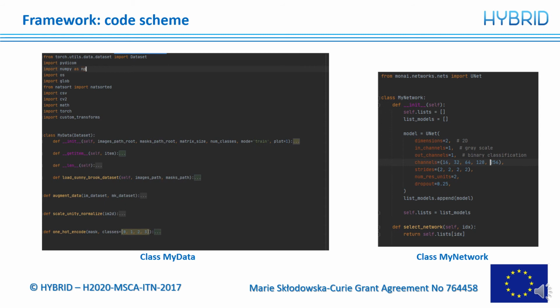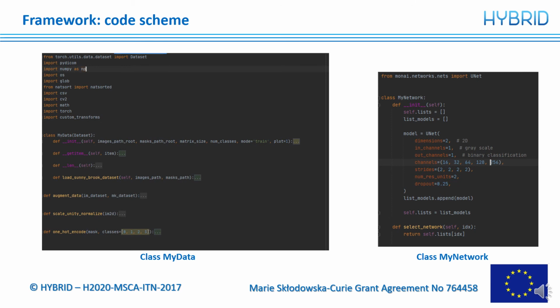I added this function called load Sunnybrook dataset, where I have to match the specific time point of the mask and the slice from the image input. And also there are some extra functions to normalize, to change the scale of the images, and to apply this augmentation process.